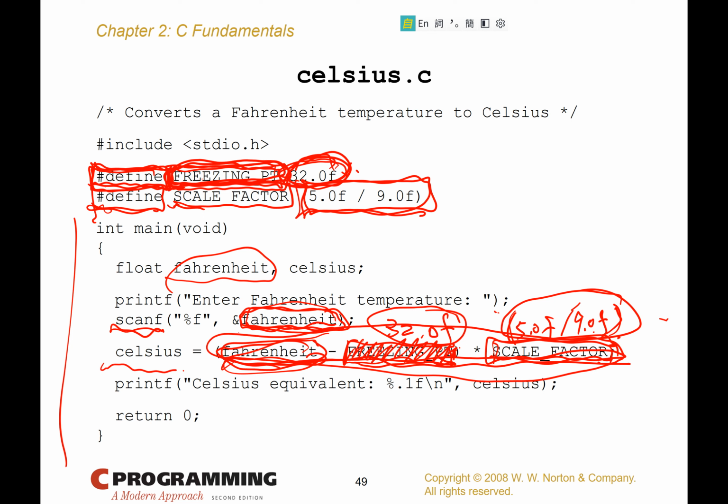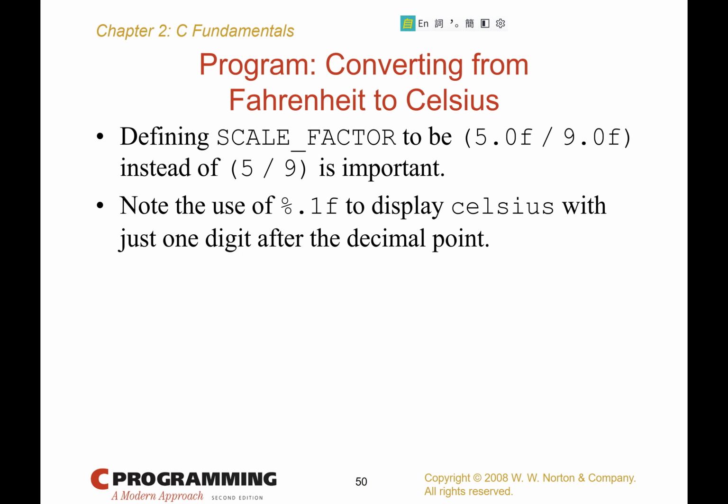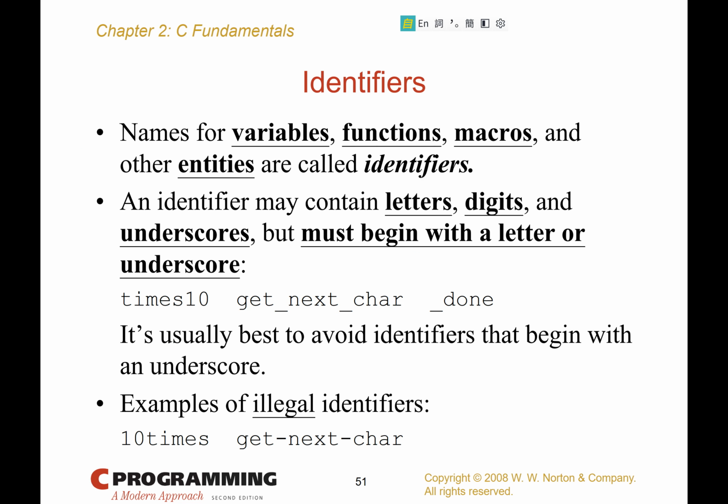Now you will get a Celsius degree here. Now in this printf, we print out this Celsius degree. Okay, so this is an example. This is something that we have explained previously, so we just skip.